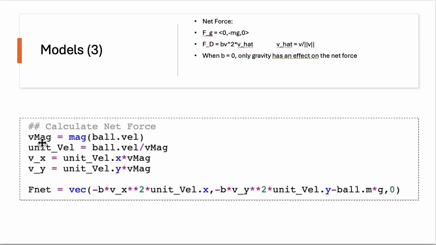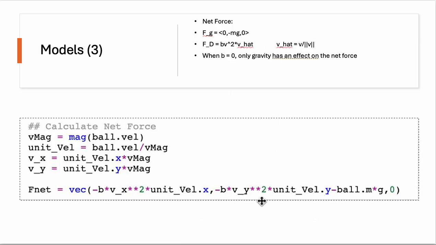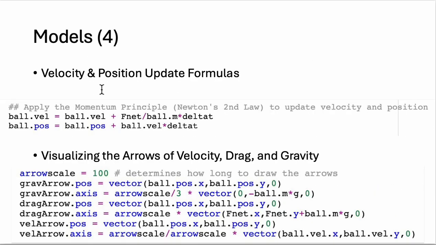I found the magnitude of v and the unit vector for v, and then just found vx and vy in those directions using those two. And then plugged it into our formula here in our x and y components, with z being 0 because there was nothing there. Finally, we needed to use our velocity and position update formulas.